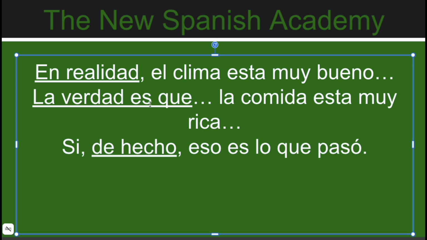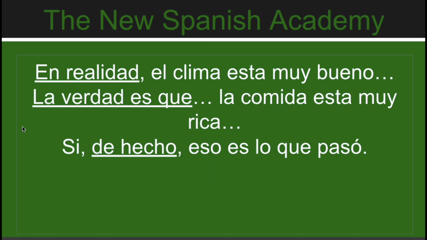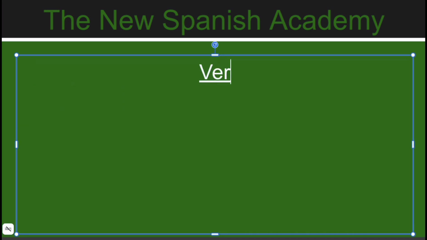So now that we know the word de verdad, I'm going to use this for another example that is not really related to the words that we were looking at previously, but we can use the word verdad, which means truth. All right, verdad, truth. So I'm talking to you and you're like, get out of here.